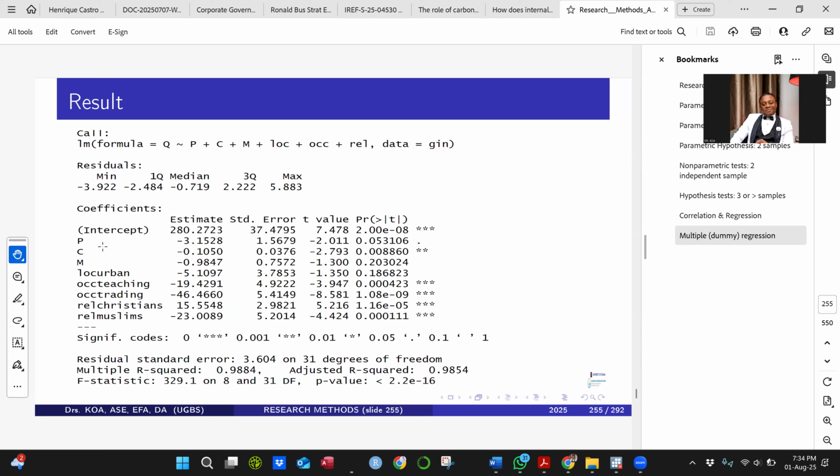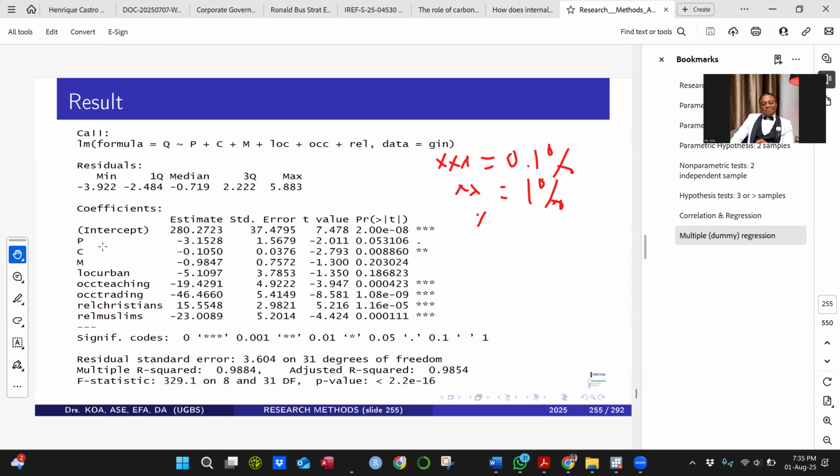Now, let me give you a clue. There is a star for each of these variables. The stars should guide you to know the level of significance. This is very important because this is part of your question. Three stars is equal to 0.1%. Take note. Two stars is equal to 1%.